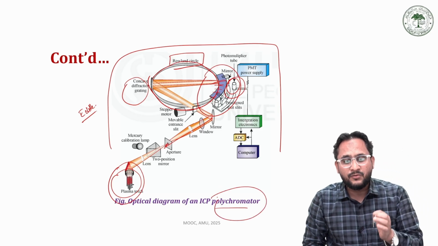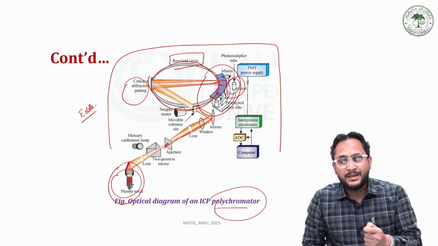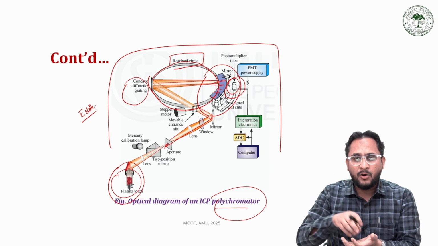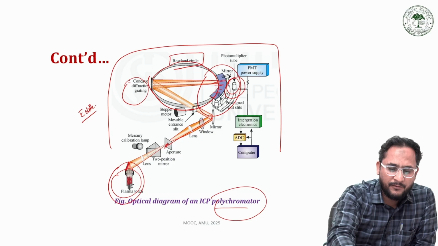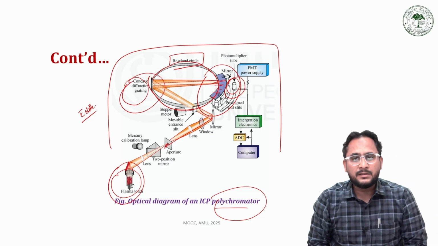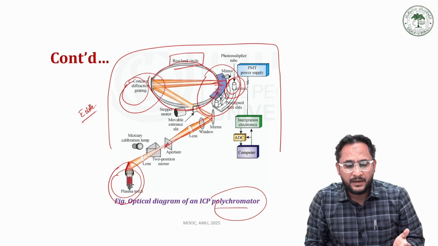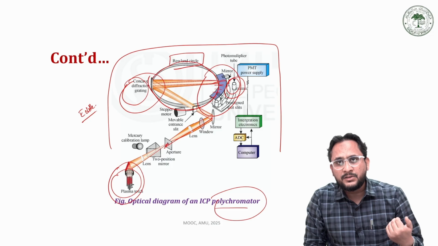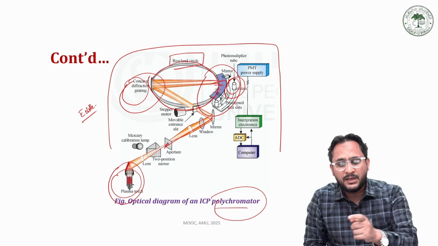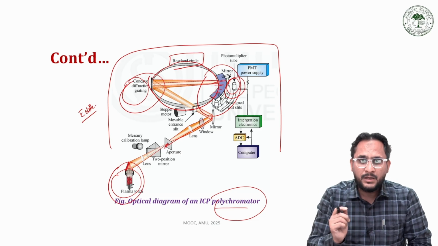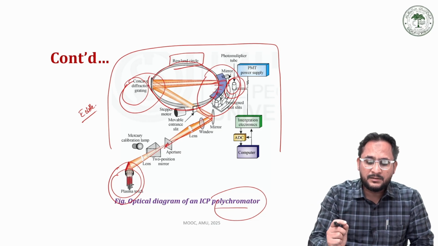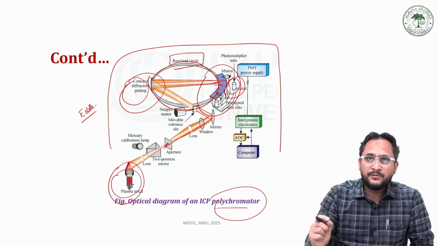A polychromator works by taking a Rowland circle on which we have multiple exit slits. We have a grating, either the concave diffraction grating or echelle grating. This grating converts light radiation into individual components, and with the help of this Rowland circle, we move these multiple exit slits in order to select different wavelengths.